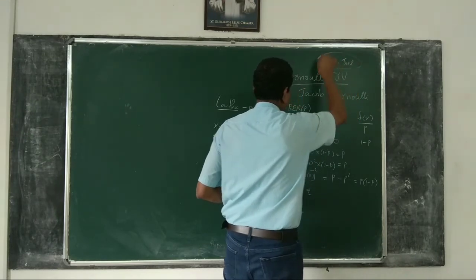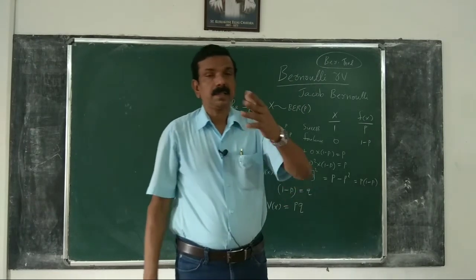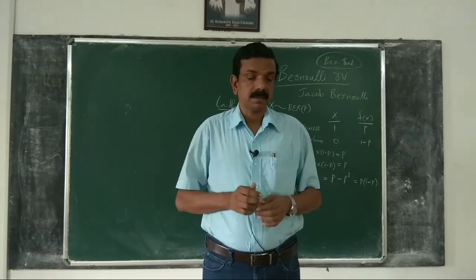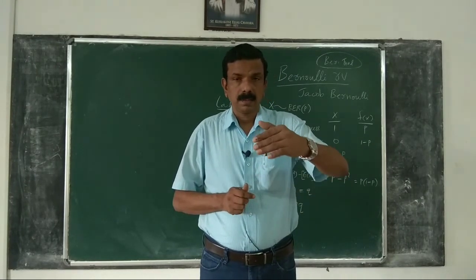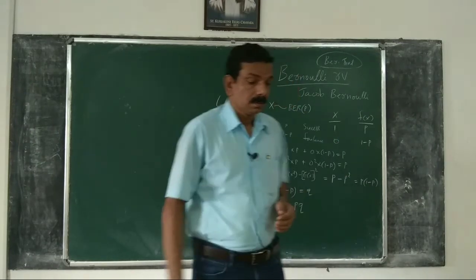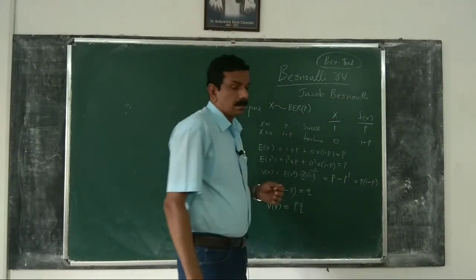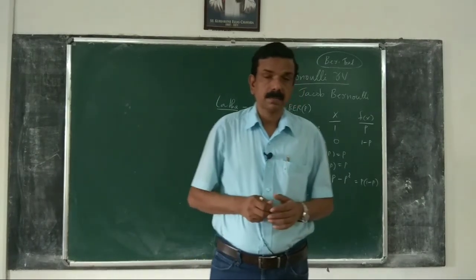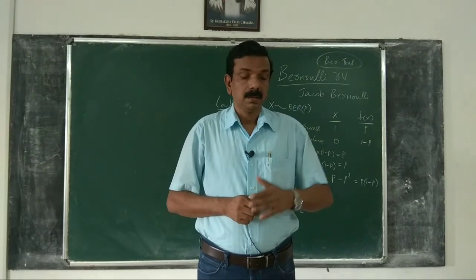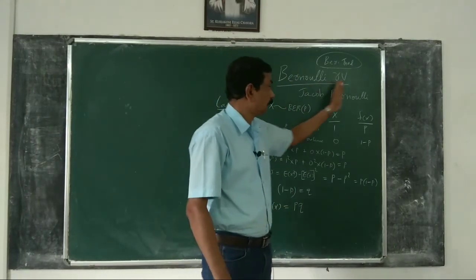And the number of successes in one Bernoulli trial, which can be 1 or 0, is known as a Bernoulli random variable.